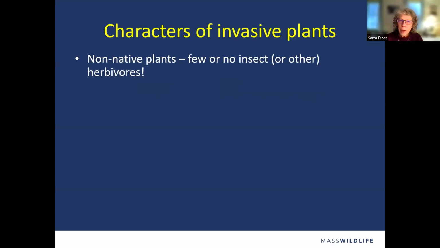Why are these plants invasive? How did they become so invasive? What are their characteristics? Well, we already know that they're non-native. And so one of the things about that is there are few or no insects that are going to eat them. Unless they're very closely related to something that is already here that's native, the insects won't eat them.